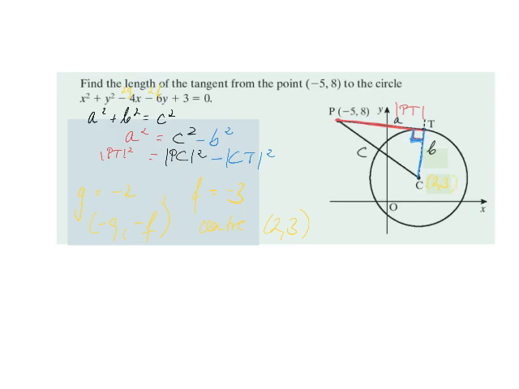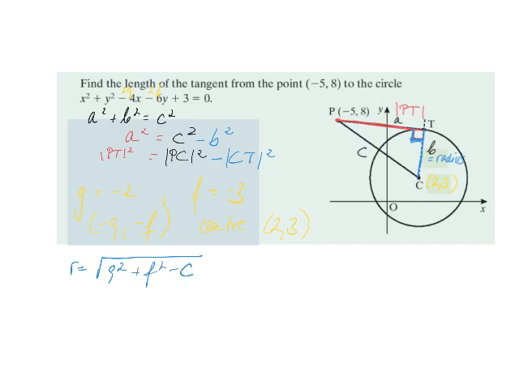We can now calculate b as well, because as we can see, this is the radius. So b is the radius. Again, we look at our equation of the circle and calculate the radius. The radius is the root of g square plus f square minus c.